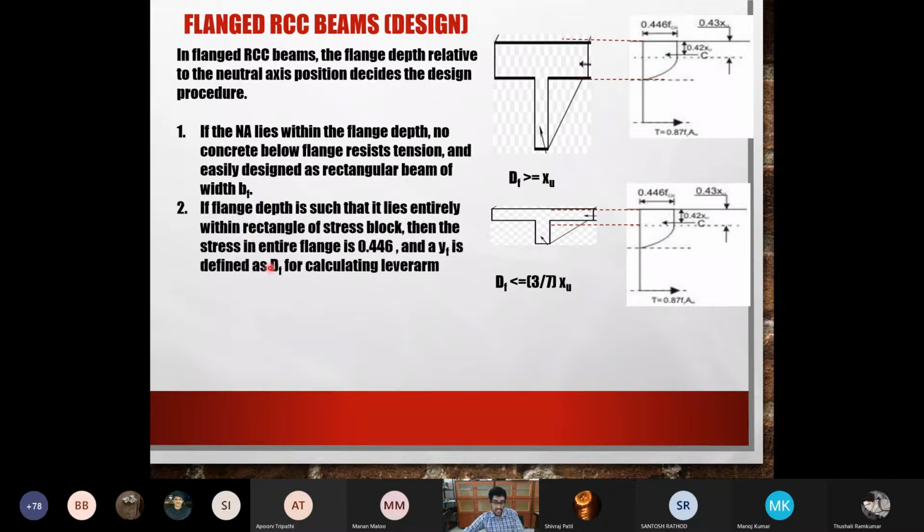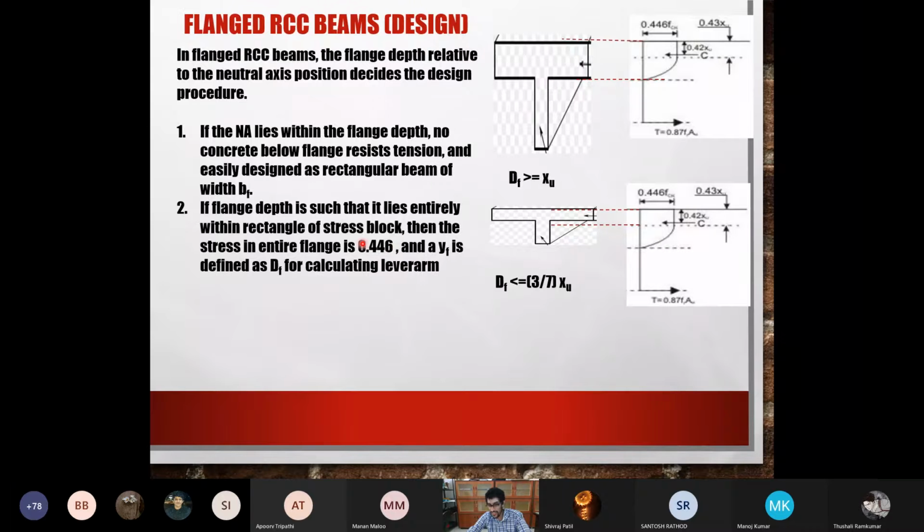So that is case number 2. If the flange depth is such that it lies entirely within the rectangle of the stress block, then the entire stress is the same. The stress within this rectangle is 0.446 FCK, which is the design compressive stress of concrete that we have already seen. So the stress in the entire flange is 0.446 FCK, not just 0.446.